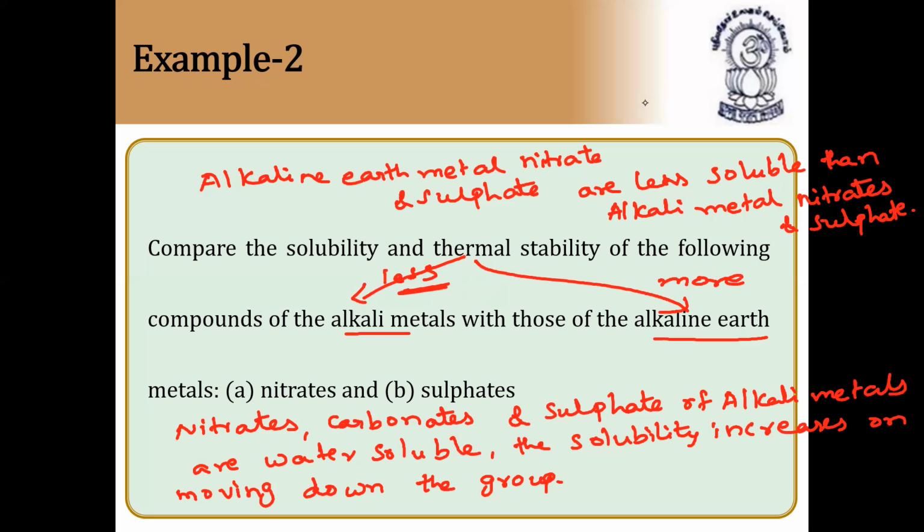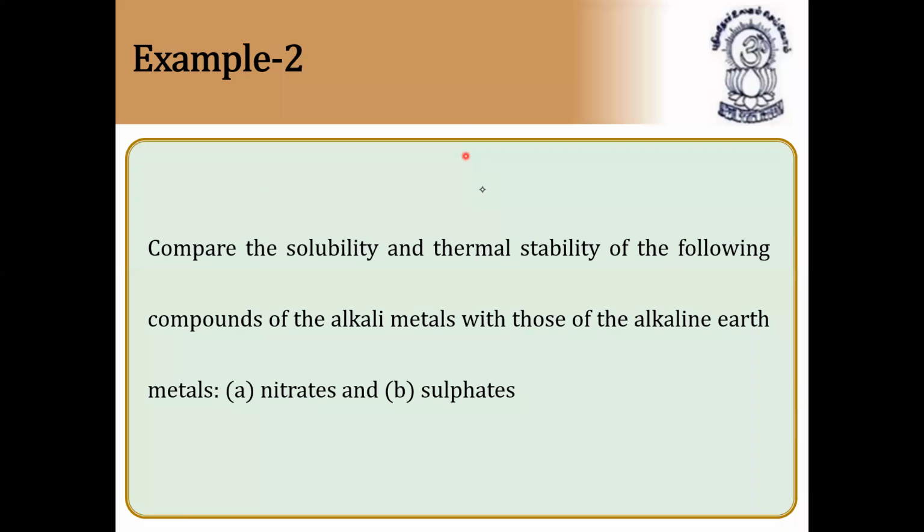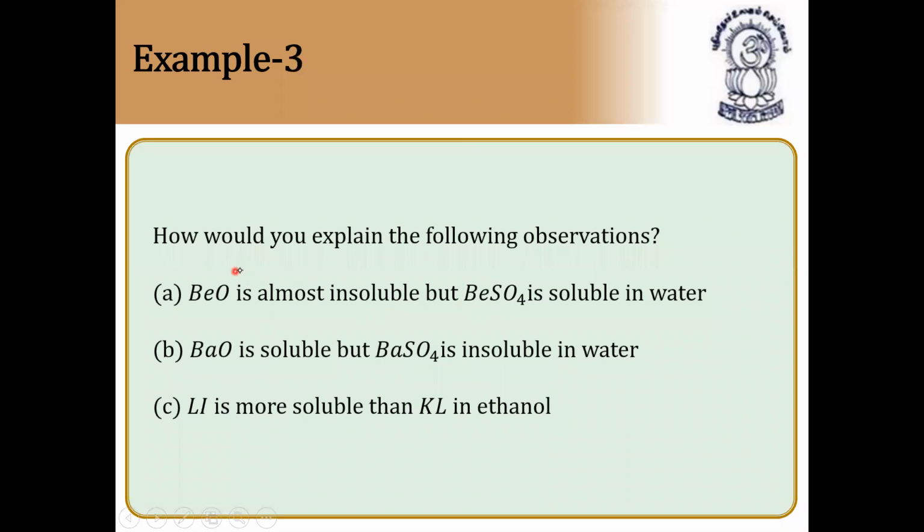Next question. Since we do not have space, I have not written the reasoning. How would you explain the following observation? Beryllium oxide is almost insoluble, but barium sulfate is soluble in water? Due to high lattice enthalpy of beryllium oxide, it is less soluble.